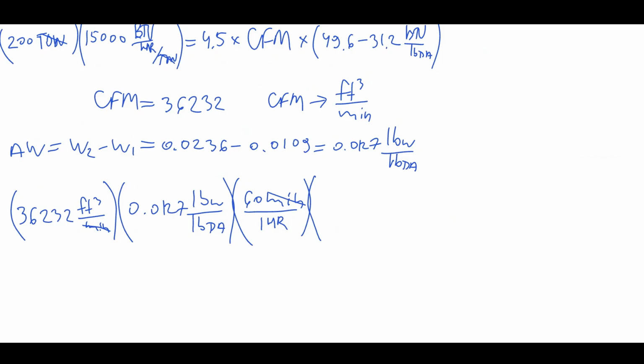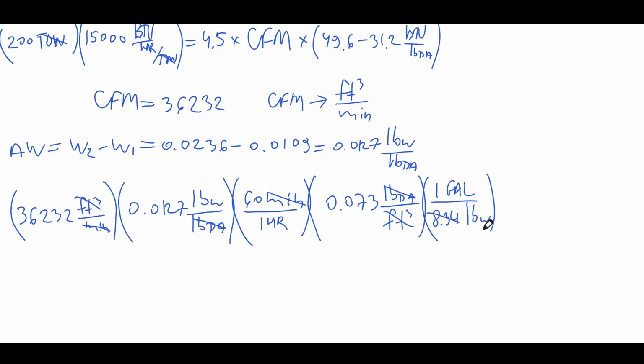That's going to give you this value, 0.073 pounds of dry air over cubic foot. That's going to cancel our cubic feet and our pounds of dry air. Finally, we know that 1 gallon has 8.34 pounds of moisture. That's going to cancel out our pounds of moisture, and our final answer is 242 gallons per hour.